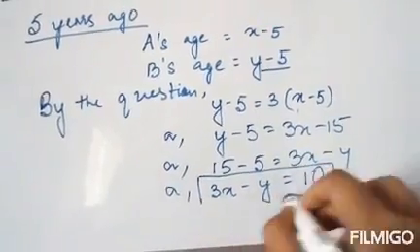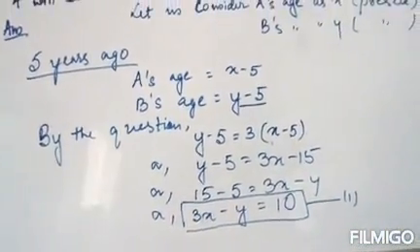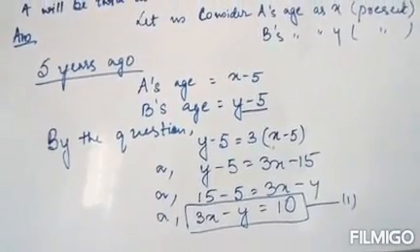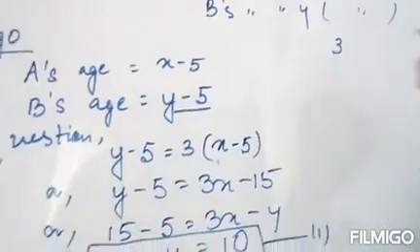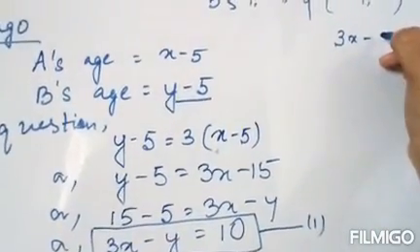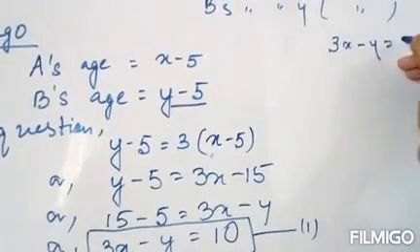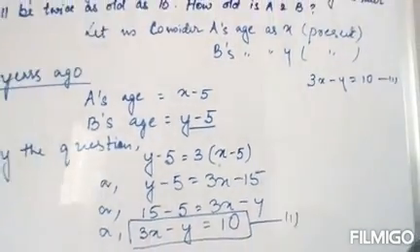So this is our first equation. So I'm writing it over here: 3X minus Y is equal to 10.